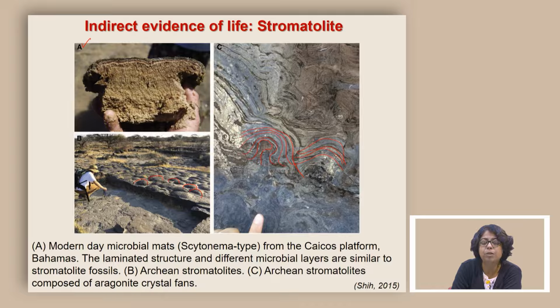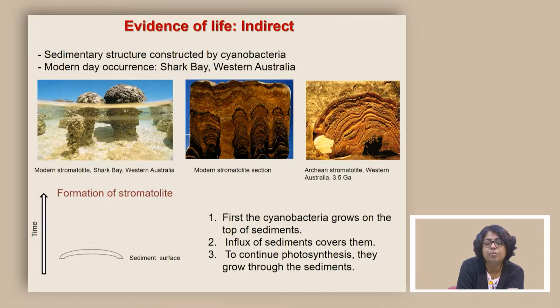Now, let us take a look at how they form. When we try to understand how stromatolites form, it's much easier if there is a recent development of stromatolites that we can observe. So, people found out that in modern day Shark Bay in Western Australia, there is development of stromatolites.